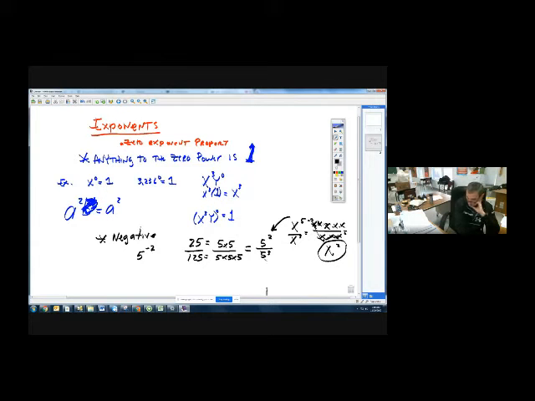If I use that same philosophy here and subtract exponents, if I take 2 and subtract 3 from it, I get 5 to the negative 1 power. That's what that actually gives me. What really is 5 to the negative 1 power?